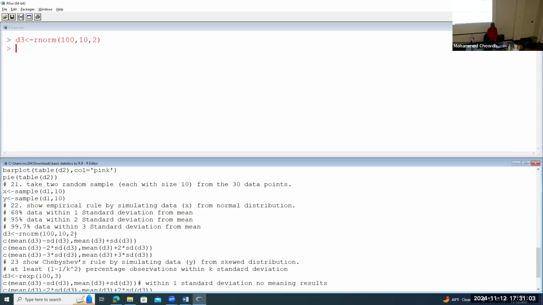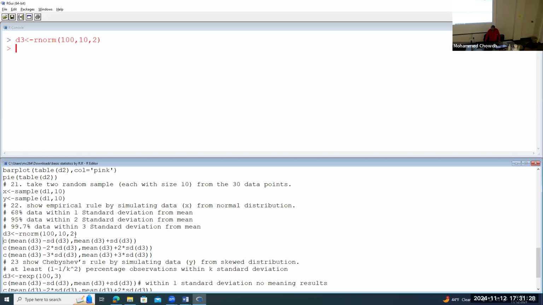Clear. So r stands for random, norm stands for normal. I am generating 100 observations randomly from a normal distribution. Let me tell you again. I am randomly generating 100 observations from a normal distribution that has a mean of 10 and standard deviation of 2.